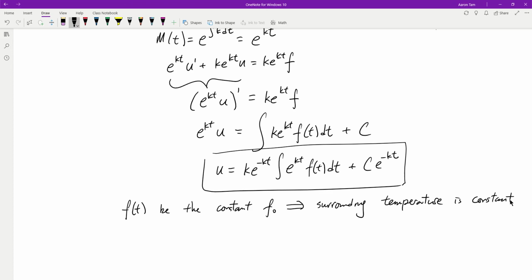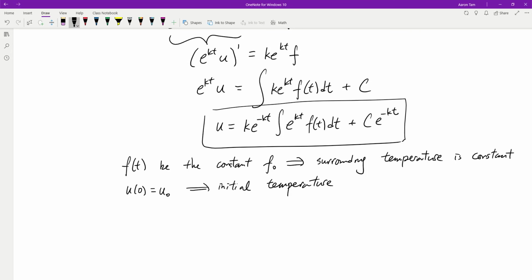Pretend that you put something in the refrigerator; the temperature inside the refrigerator is more or less constant. If you leave it outside, even for a long time, the surrounding temperature tends to remain constant throughout the day. So that's not too far-fetched. And we can also assume that u of 0 is equal to u sub 0. That basically means this is the initial temperature of the object.